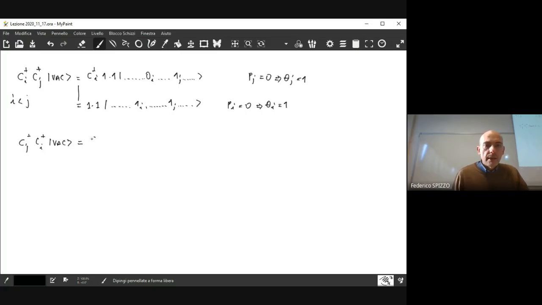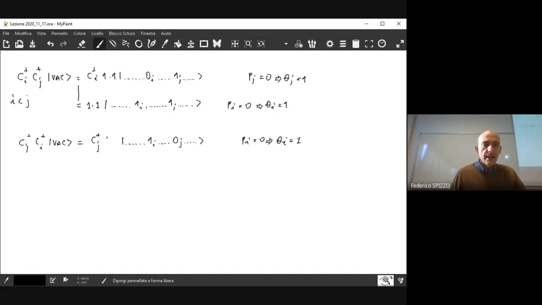At this point, I apply operator C cross I. So occupancy of level I equal to 1, occupancy of level J equal to 0, PI is 0 because the occupancy of all the levels before I is 0, so theta I is 1.